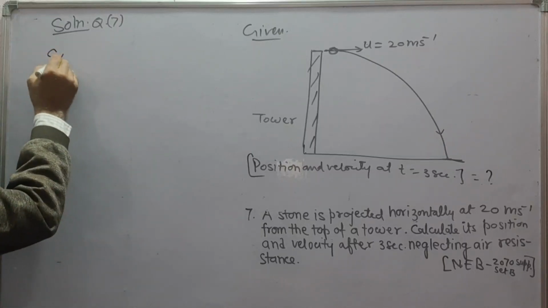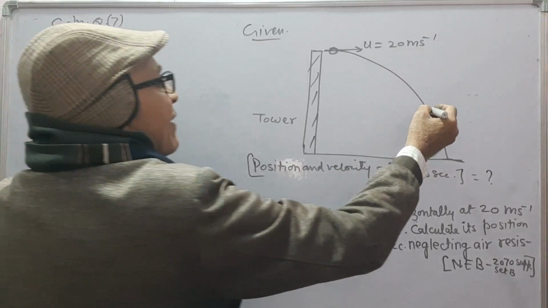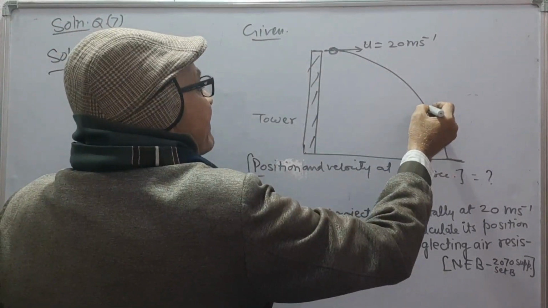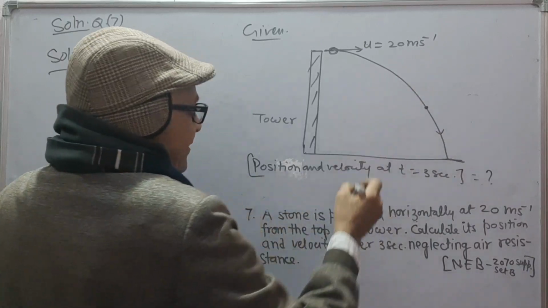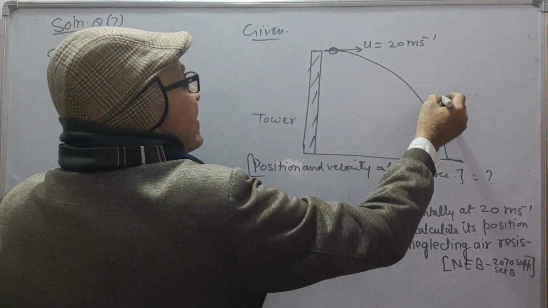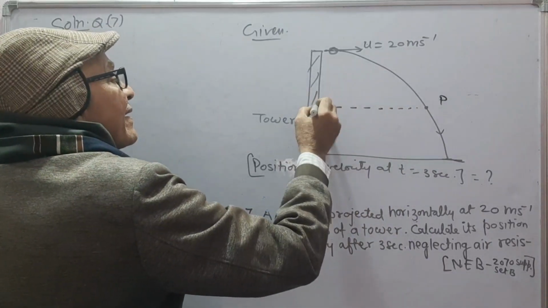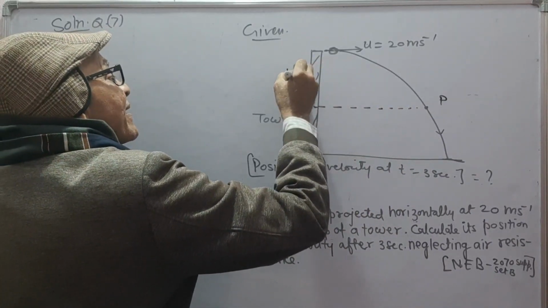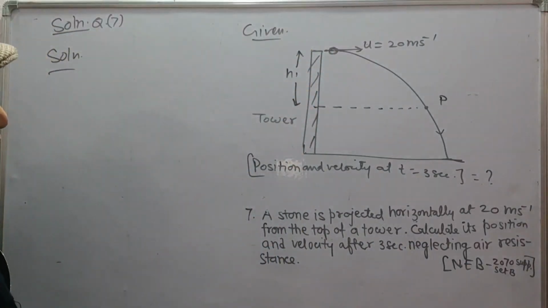Now solution. Suppose after t seconds, t is equal to 3 seconds, the body reaches point P, then the vertical height will be h1.